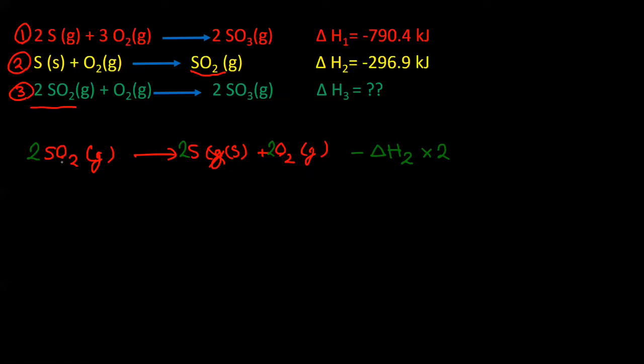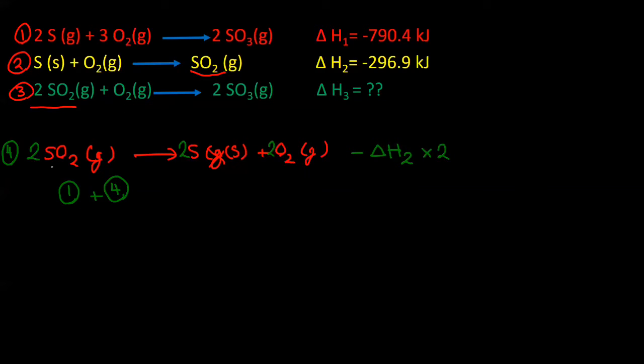We just need to add this one to reaction number 1. So it means if I name this one reaction number 4, we need to add reaction number 1 to reaction number 4 to get reaction number 3. Let's see if it's correct.